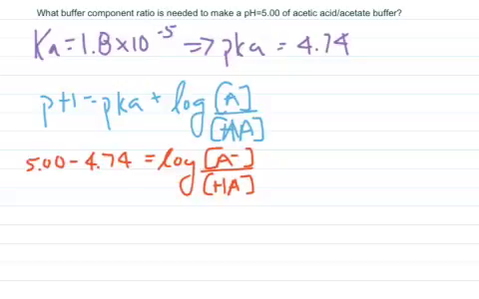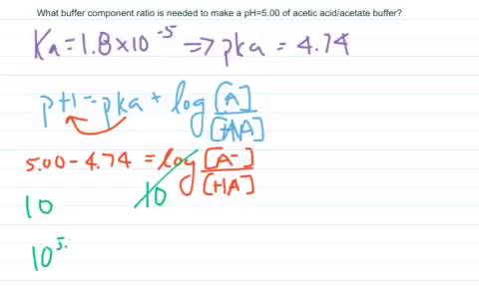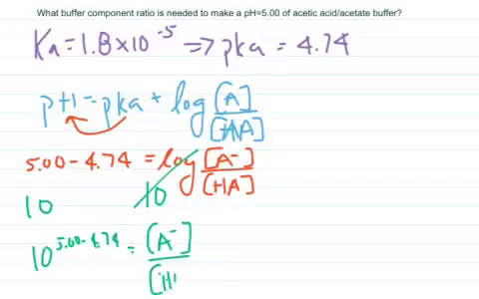Remember, I just subtracted the pKa from the pH, so I just moved it over. Now, because I want to get rid of the log, I take 10 to the power of 5.00 minus 4.74 to give me that base-acid ratio. And I'm going to get a ratio of 1.8.